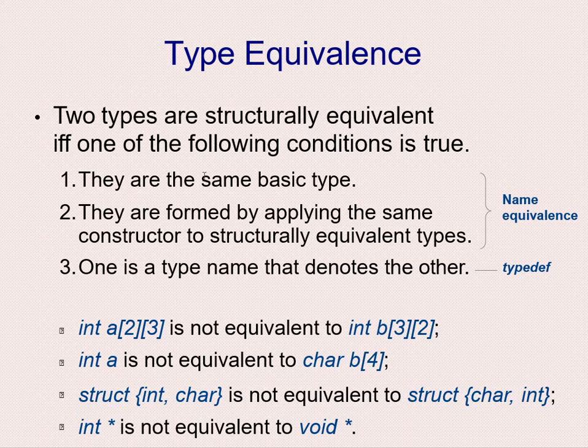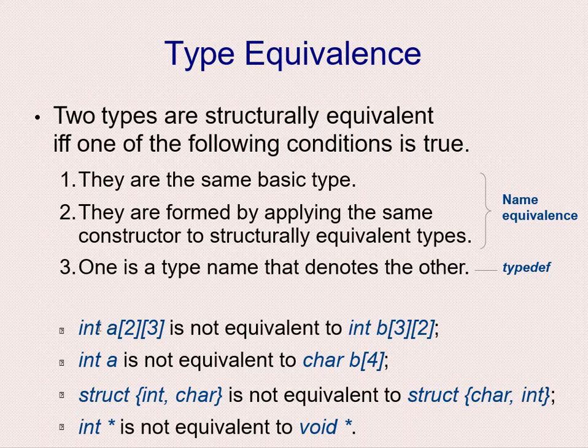First, they are the same basic type, or they are formed by applying the same constructor to structurally equivalent types, or one is a type name that denotes the other, like typedef. If one of these conditions is true, then we can say the two types are structurally equivalent. Suppose we have taken some examples here.